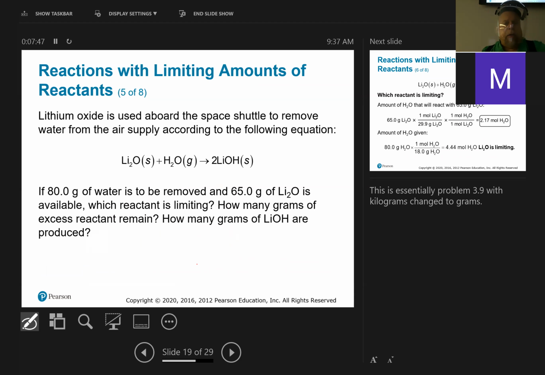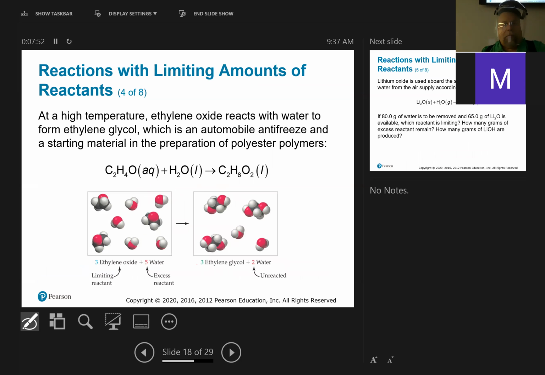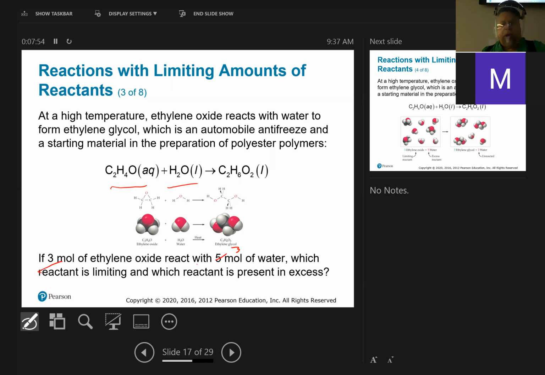Okay? So you look at the 2 different things related to it. How did you do that without creating a process? Well, you just look at the mole ratio. Let me go over here so you can see this. This is a 1 and this is a 1, correct? You're doing 3 and 5.